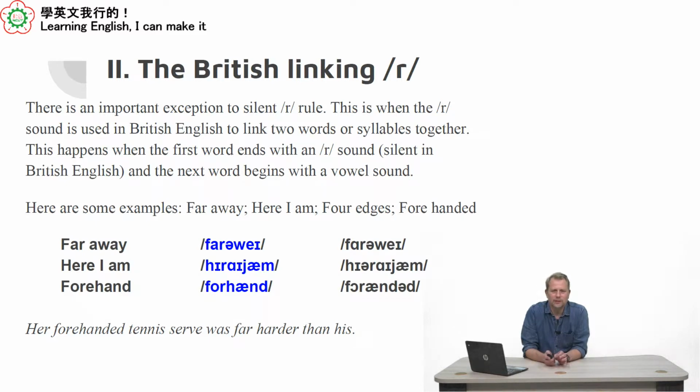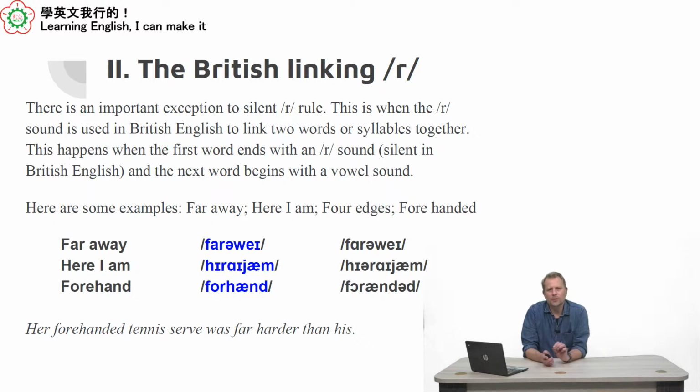So the first lesson was on that silent R in many British words. This second lesson is on the British linking R. With many of those British words where the R is dropped, we talked about how car turns to "ca" and cork turns to "cork", so that R gets dropped.